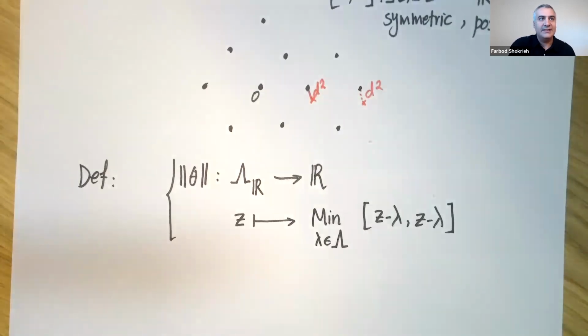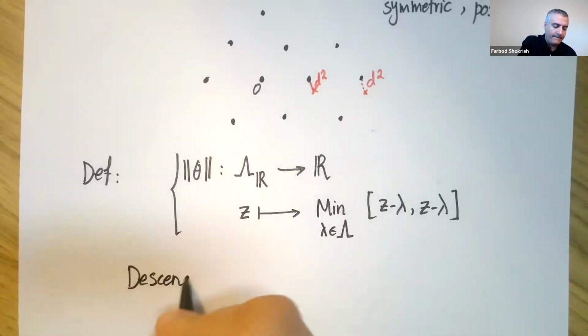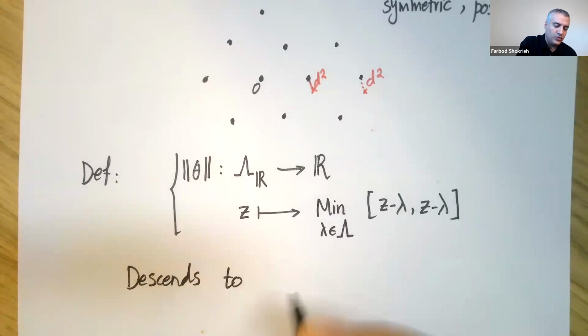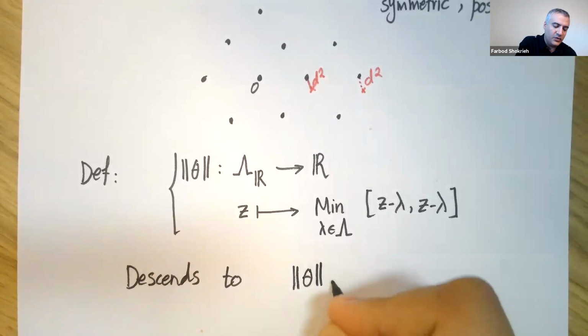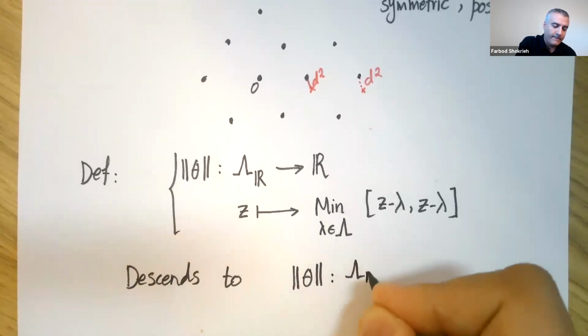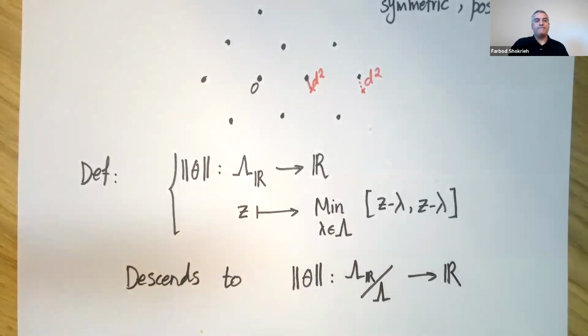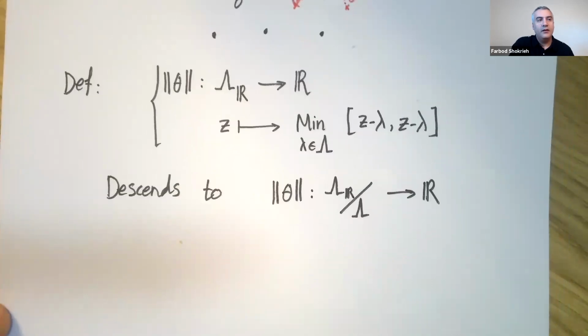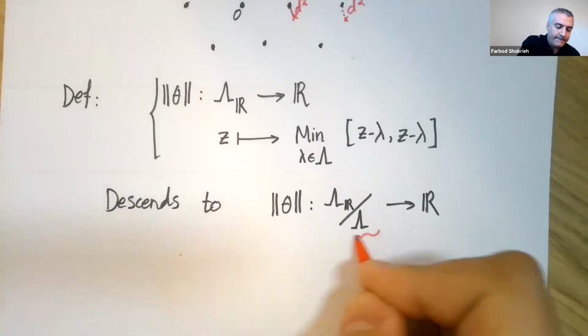In other words, this descends to a function, which I again use the same notation, on the quotient. And these objects are conveniently called tropical abelian varieties.